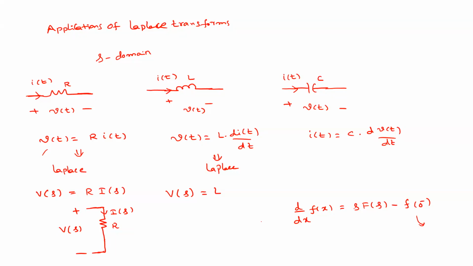So in the same manner, for the inductor, we have some initial current, which is I of 0 minus. So what you will get here is S into I of s minus I of 0 minus, right? Agree?